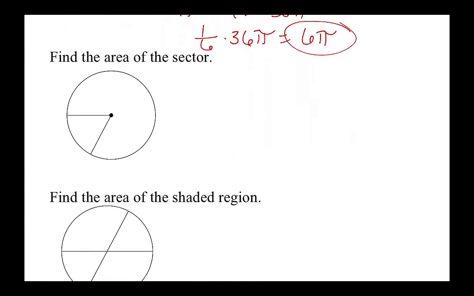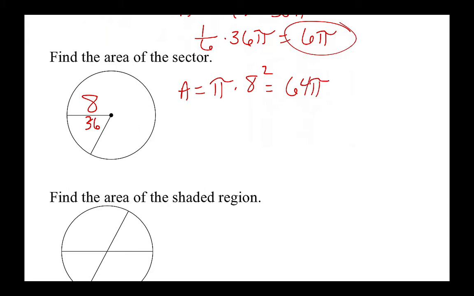New radius, new angle. Let's say that the radius of this circle is 8, but this time you have a 36 degree angle. Well, we know that the area of the entire circle is pi times the radius squared, which in this case would be 64 pi.